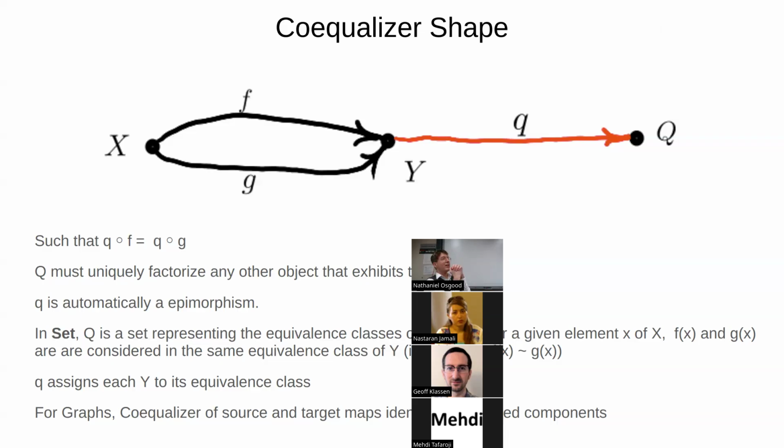The mapping of the edge is related to the mapping of the vertices. Yeah, that's right.